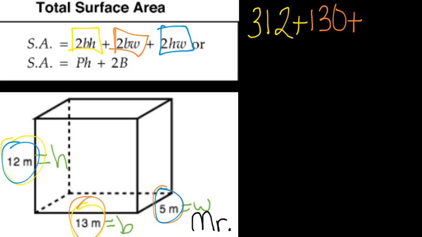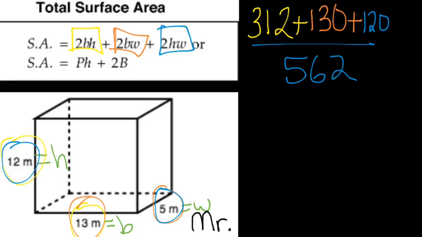And we're going to get 2 times height, which is 12, times width, which is 5, and let's see, 2 times 12 times 5, and that's going to be 120, and then 120 plus 130 plus 312, all those added together is going to be 562.